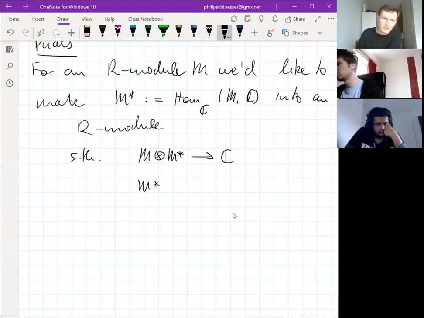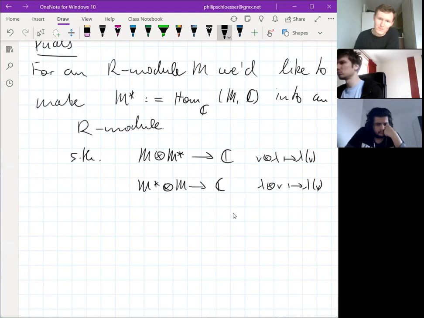And the map mapping M star tensor M to C, where V tensor lambda maps to lambda of V, and lambda tensor V maps to lambda of V, to be linear.